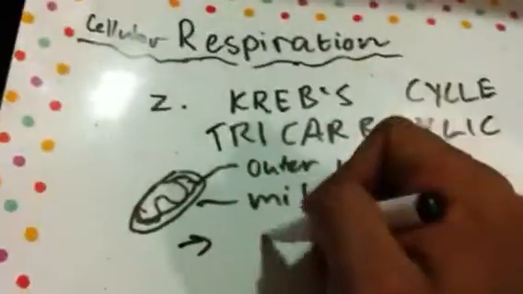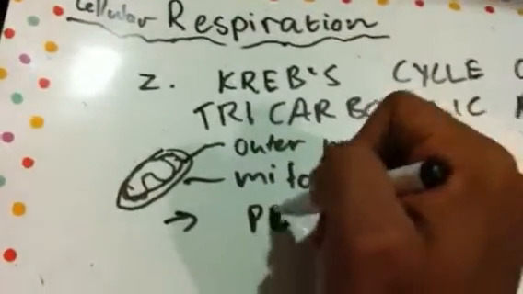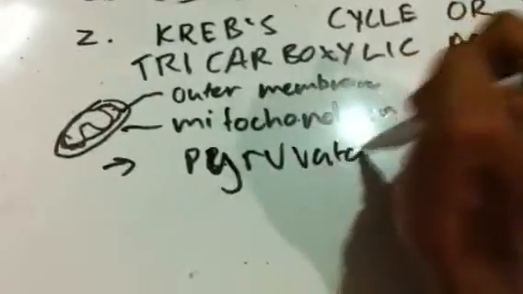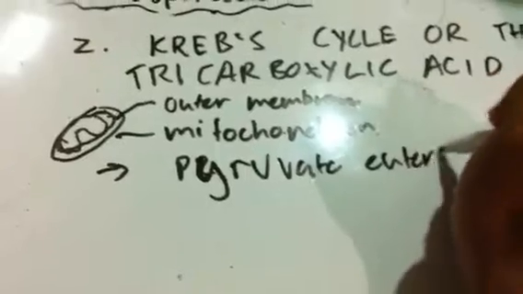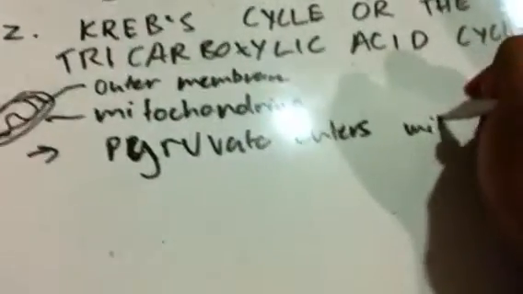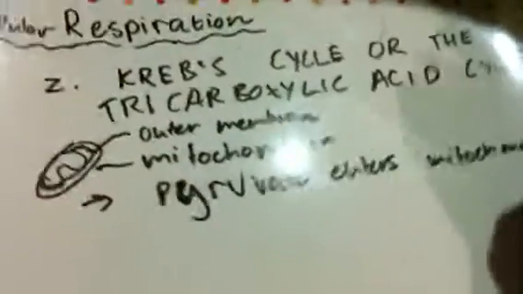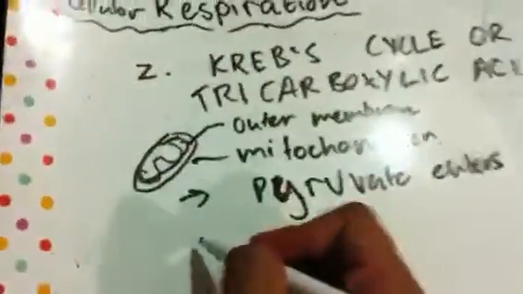So pyruvate enters the mitochondrion, called chondrion in this situation because I'm just using one as an example.